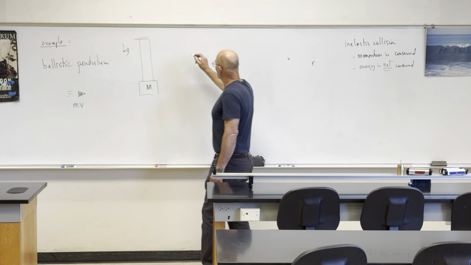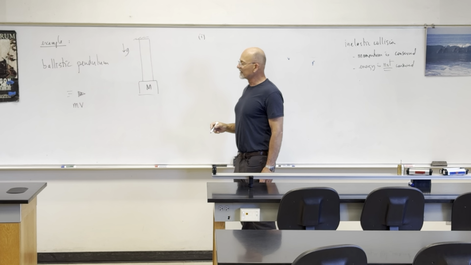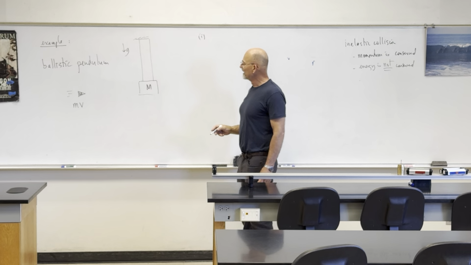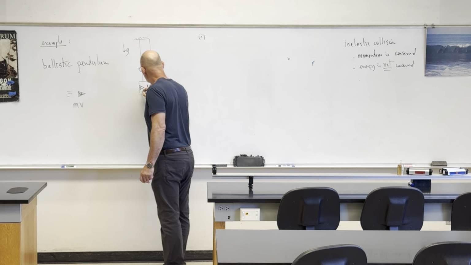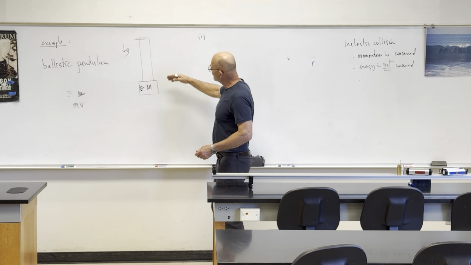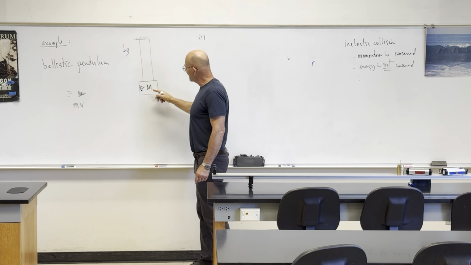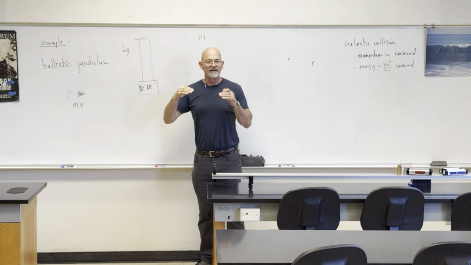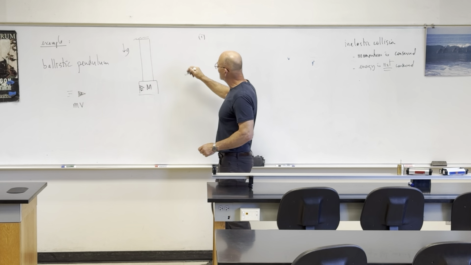So the first part of this calculation is that we have conservation of momentum. Now when this thing collides here, it is going to kick this thing forward, and because of the nature of an arc, it will initially be moving horizontally, right? It's gonna move horizontally and then swing up.